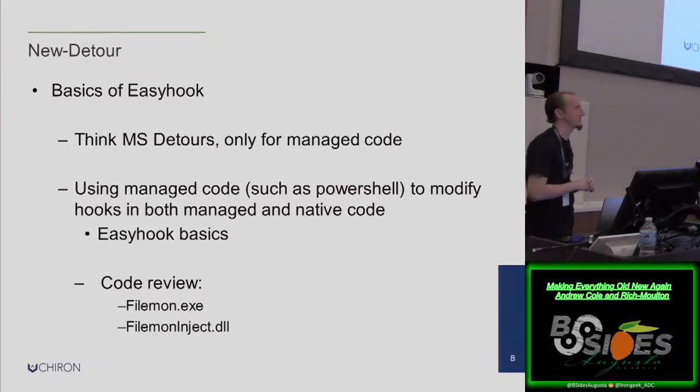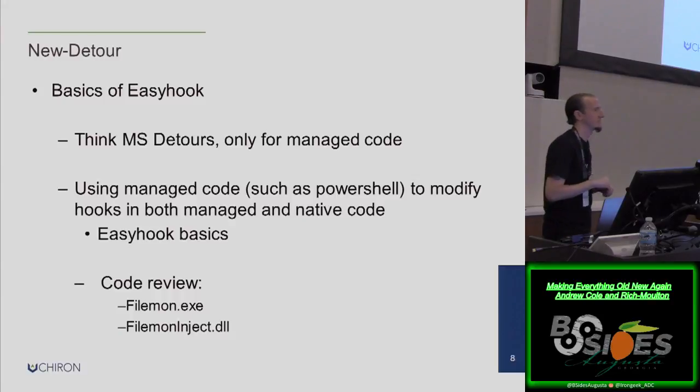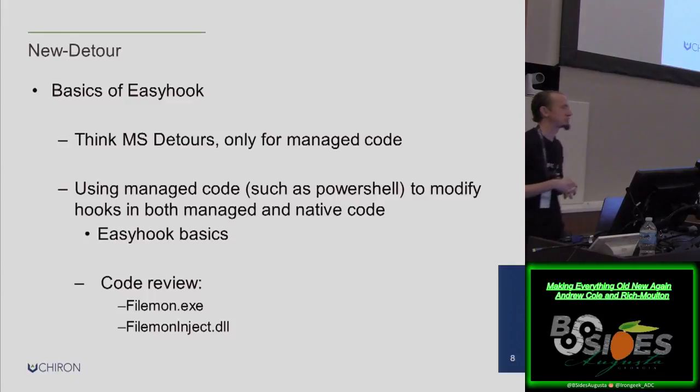The great thing about Detours is that it allows you, from C or C++, to go into any running process and change the code while it's running. Unfortunately, you can't do that for managed code, say from VisualBasic.net, C#, C++.net, or PowerShell, until recently. In 2008, Christopher Moulton, I think I'm pronouncing that right, and Jason Stenning came up with a tool called EasyHook.